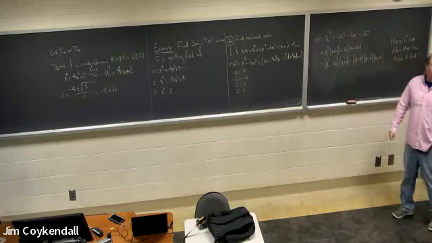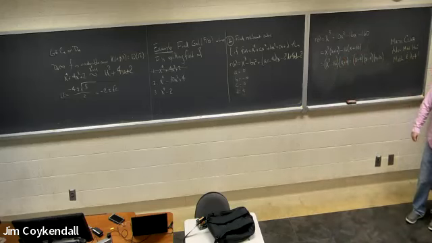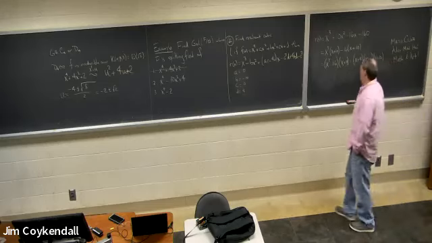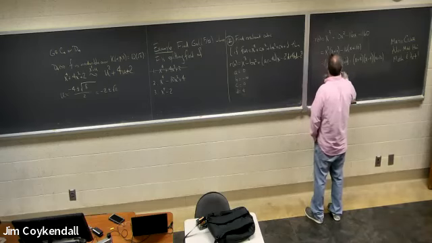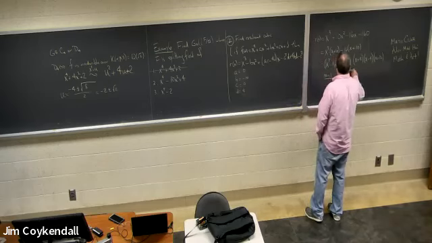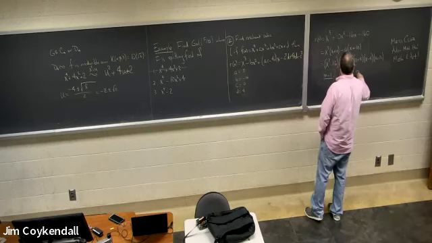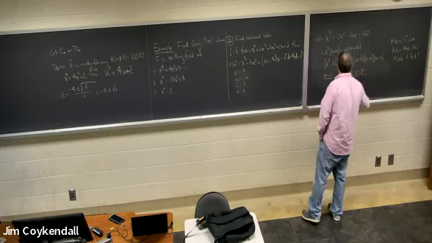Now, what's the splitting field of that over Q? We're already there. Okay. So in this case, we have m equals 1, and so G, in this case, is isomorphic to C2.